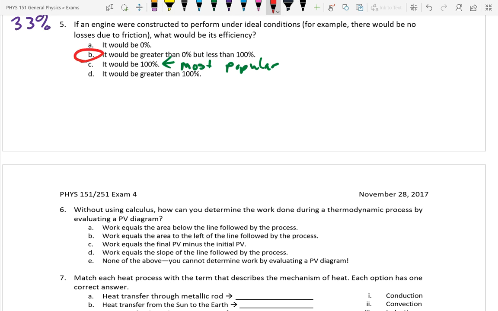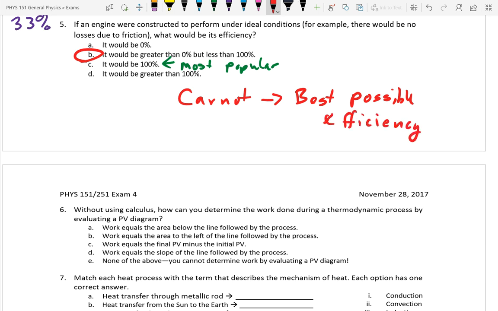And what kind of engine will give us the best possible efficiency? The Carnot engine will give us the best possible. So it's not friction and other non-ideal things that are removing energy that keeps us from having 100% efficiency. It is the fundamental laws of thermodynamics.